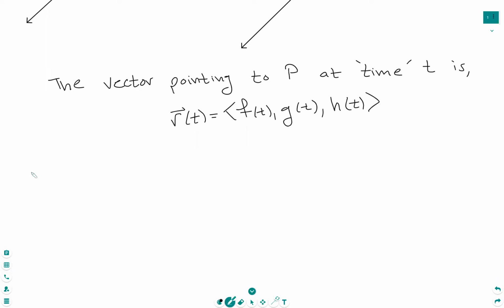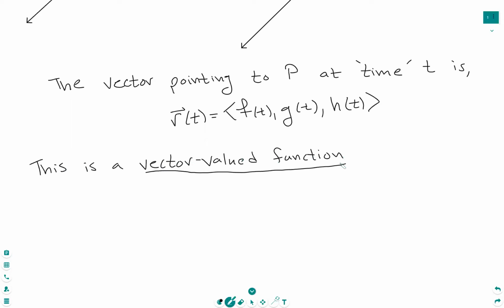So this R of t function is a vector valued function, or just a vector function. Notice that I input a scalar into this and I get a vector back.